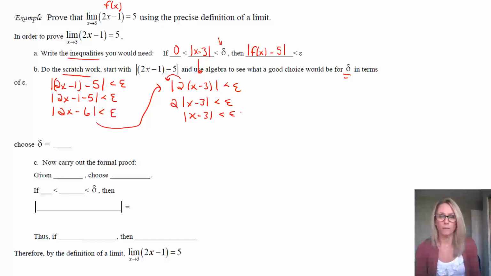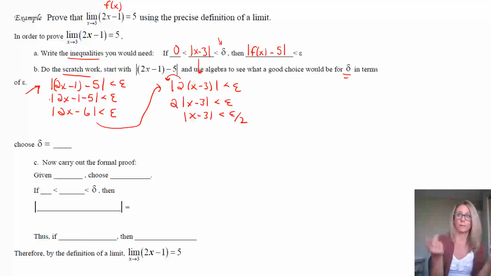The point of all of this is to see that what we have here is the function, and it's in function notation, right? We're not being given some certain epsilon. We have a function, we're subtracting 5, and that is less than epsilon. And what we find out, just by doing some algebra manipulation, is that the difference between x and 3 is less than epsilon over 2.